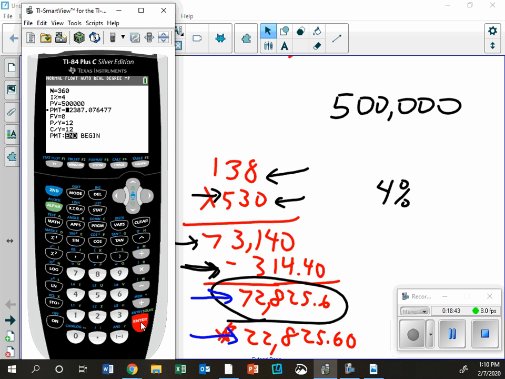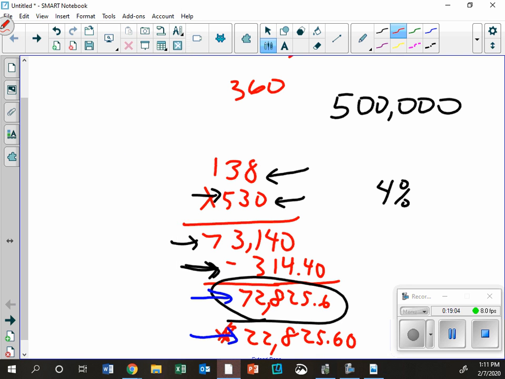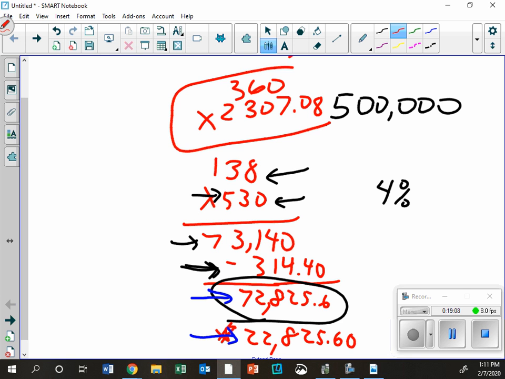Now, do you remember that we told this thing to make it 360 payments? See, I don't have to go look up all that other stuff. I can assume it was 360 payments of 2307.08. Notice I rounded that at the end. Would you please go 360 times 2307.08.